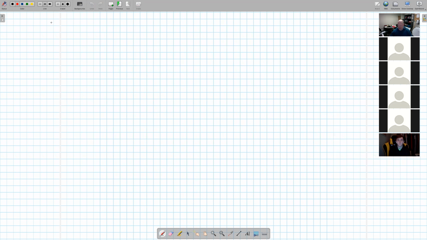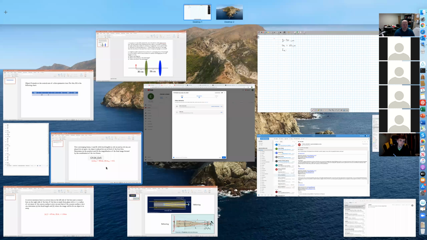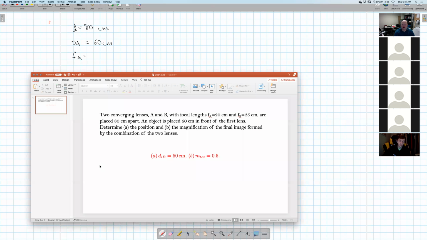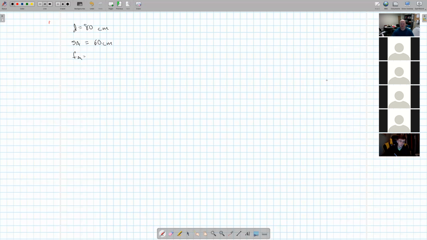So here we're told that D, which is the distance between the two, is equal to 80 centimeters. We're told that the object distance is 60 centimeters. We're told that FA is equal to 20 centimeters, and FB is 25 centimeters.